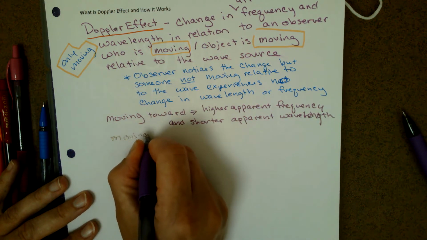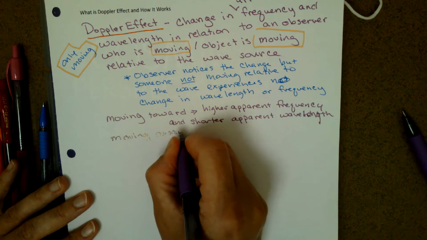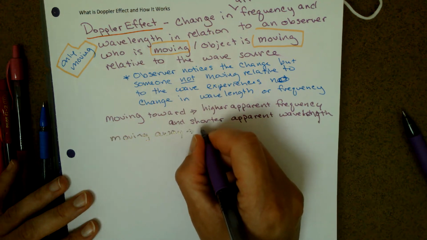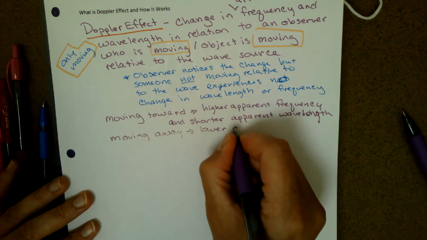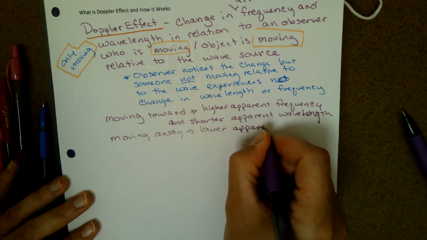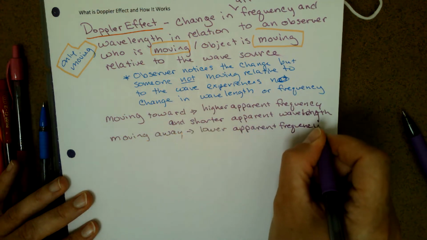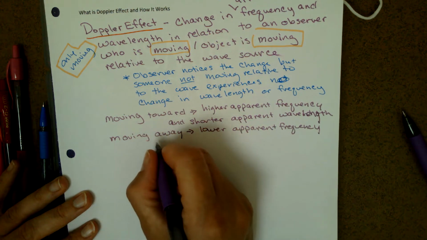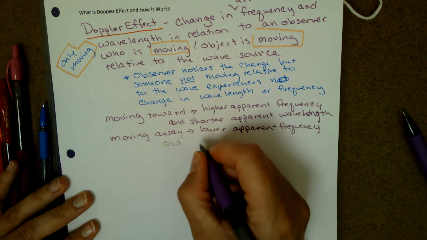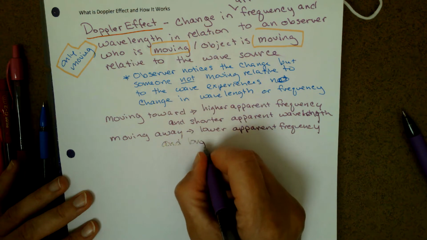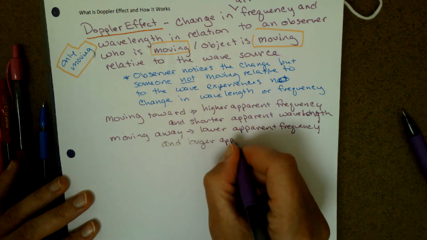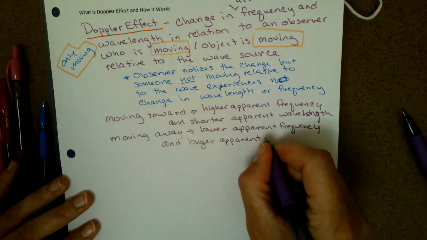Moving away leads to a lower apparent frequency and longer apparent wavelength.